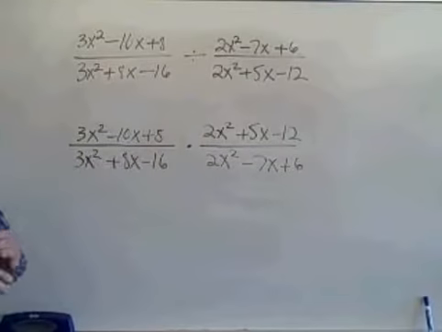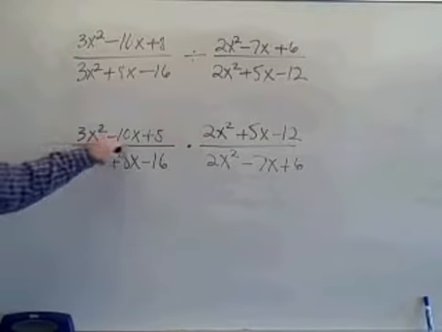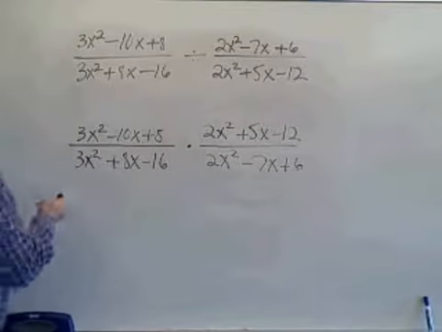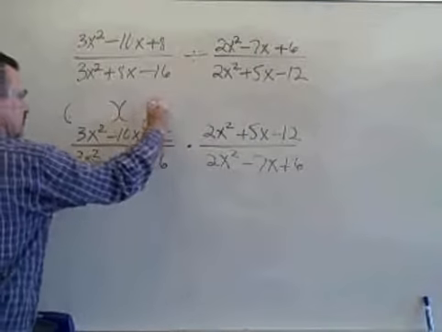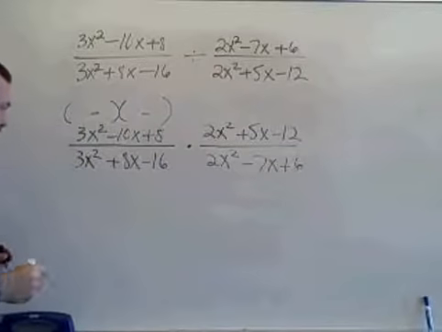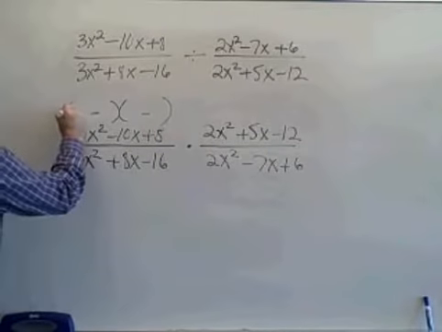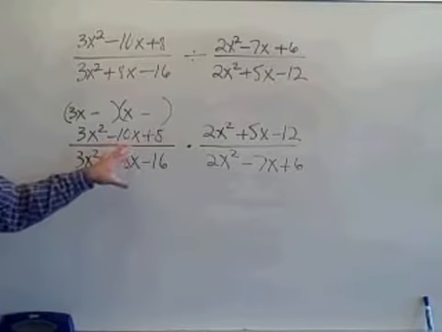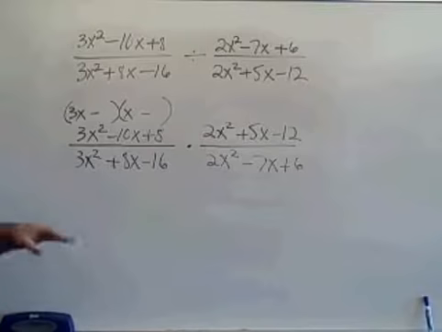So I need to factor all of those trinomials. Well, let's start with this trinomial. A minus and a plus in the trinomial comes from binomials that are two subtractions. 3x times x would make 3x squared for me. And now I need to pick a factor pair of 8 that can somehow make a 10 for me.